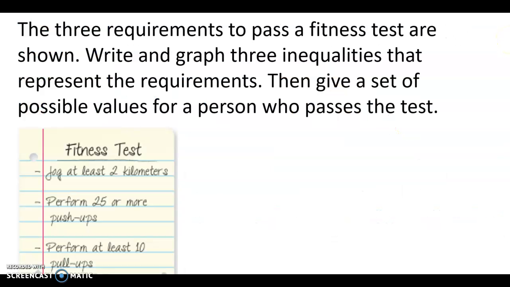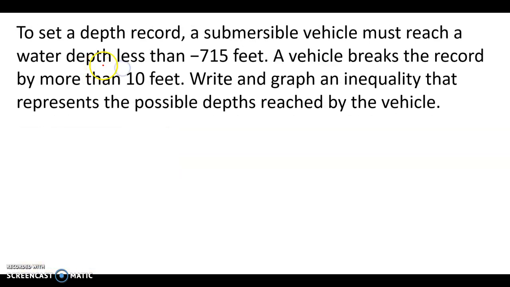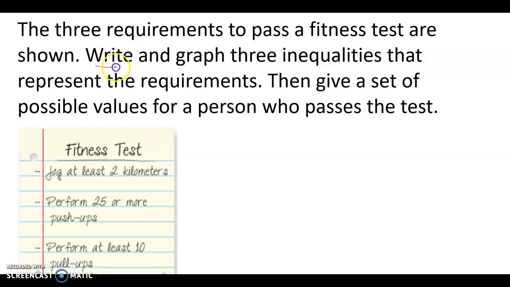The 3 requirements to pass a fitness test are shown. Write and graph 3 inequalities that represent the requirements, then give a set of possible values for a person who passes the test. So we're going to just write and graph, okay? So we're going to write it, and then we're going to graph the 3.